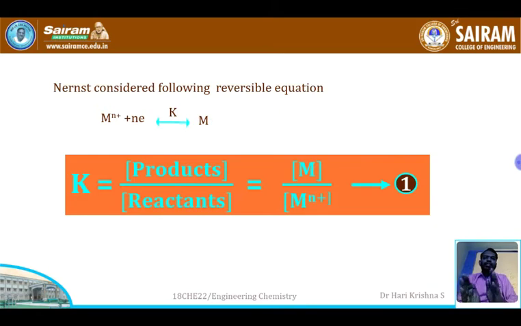Since the reaction is in equilibrium, there exists an equilibrium constant K. According to physical chemistry, K is given by the concentration of products by the concentration of reactants. Here the product is M and the reactant is M^n+. So K equals concentration of M by concentration of M^n+. Let us call this equation 1.